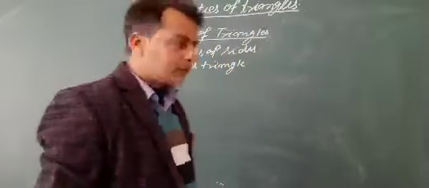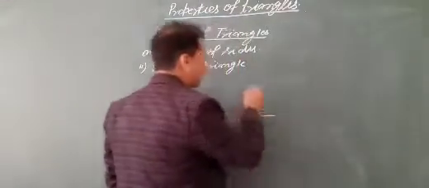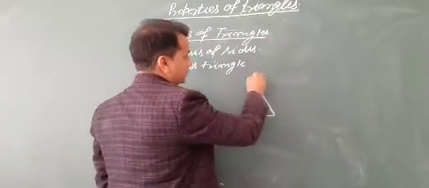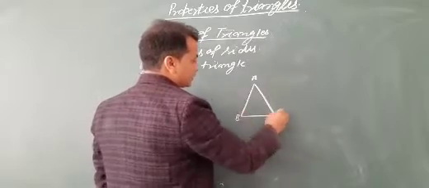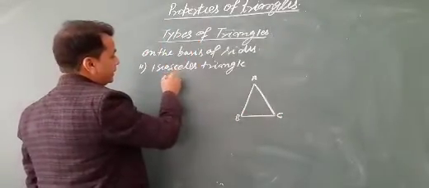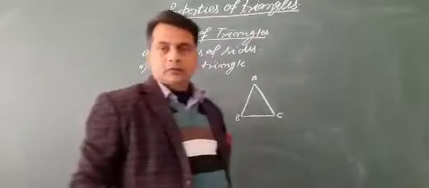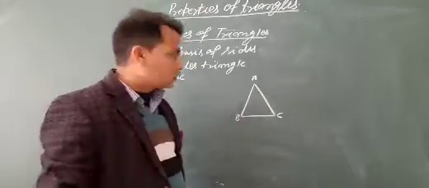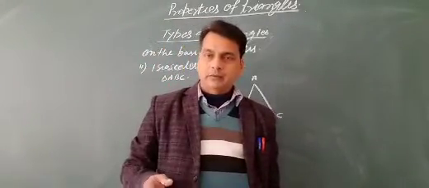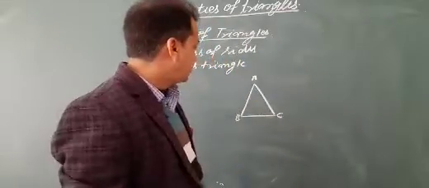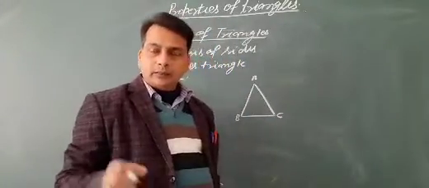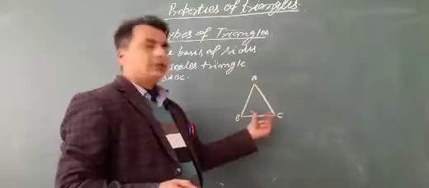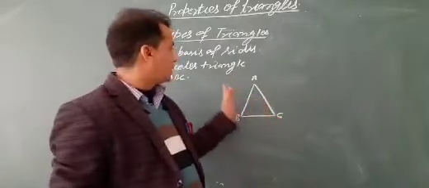Suppose triangle ABC: if two sides of the triangle are equal or the same, and the base angles are also equal, this type of triangle is known as the isosceles triangle. So here triangle ABC is an isosceles triangle.